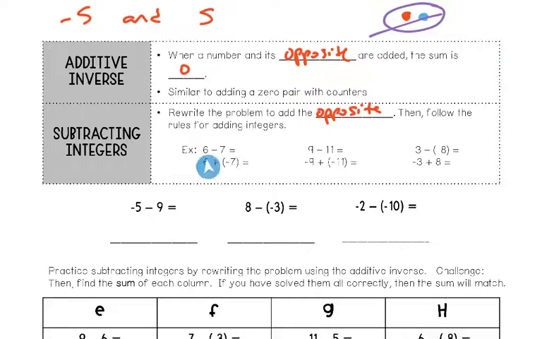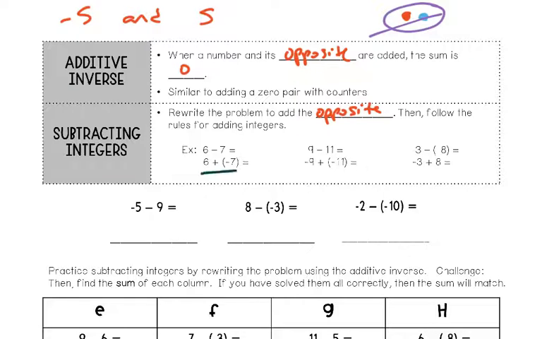For example, where it says 6 minus 7. First of all, you should know you can't take 7 from 6 and come out with a whole positive number, so you know your answer is going to be negative. But let's just rewrite it using this rule. Rewrite the problem to add the opposite. Instead of subtracting 7, we're going to add the opposite of that positive 7, which is a -7. Now we're going to do 6 plus -7. Now we're going to think back to our addition rules.